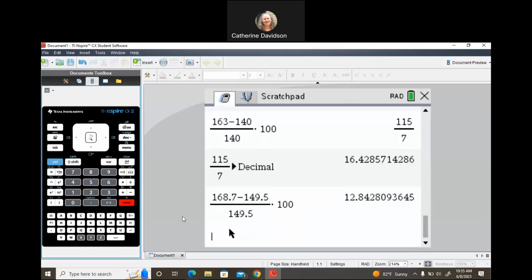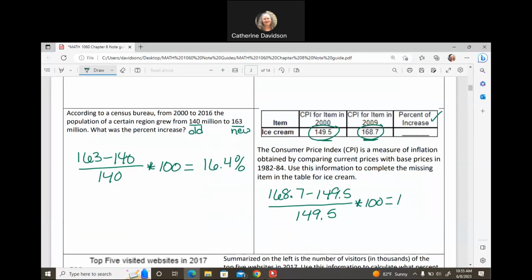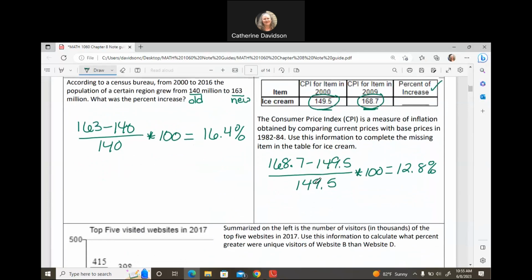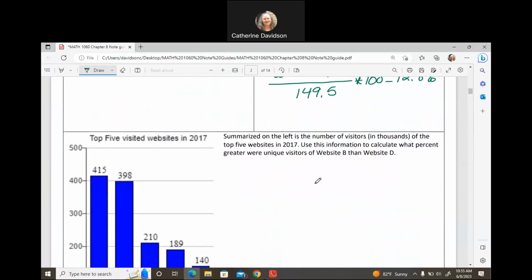So 12.8% increase. And you can also pause these and try and work it yourself first, and then start it up again to see if you're getting the correct answer.